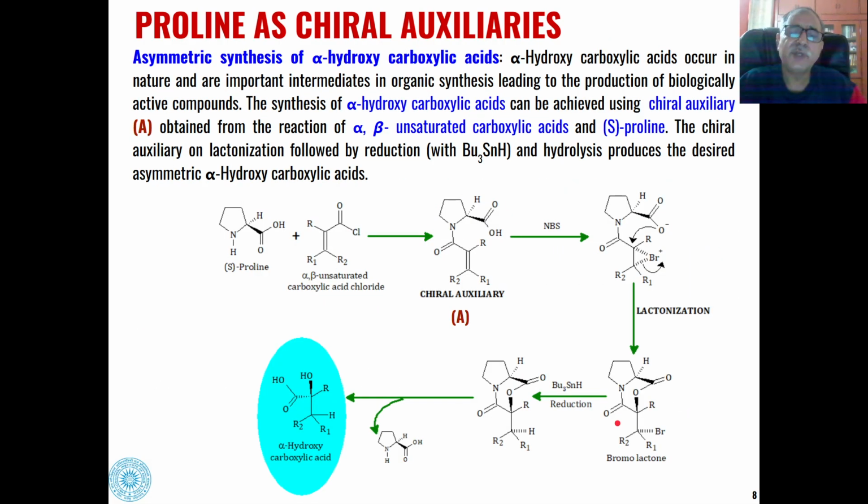Then we can also synthesize alpha hydroxy carboxylic acids through asymmetric synthesis, and in this case the chiral auxiliaries derived from S-proline are used for such types of conversions.